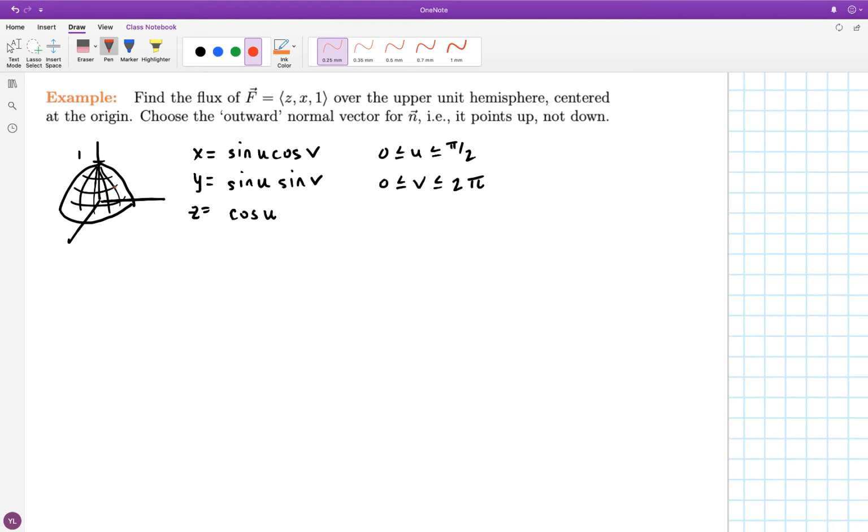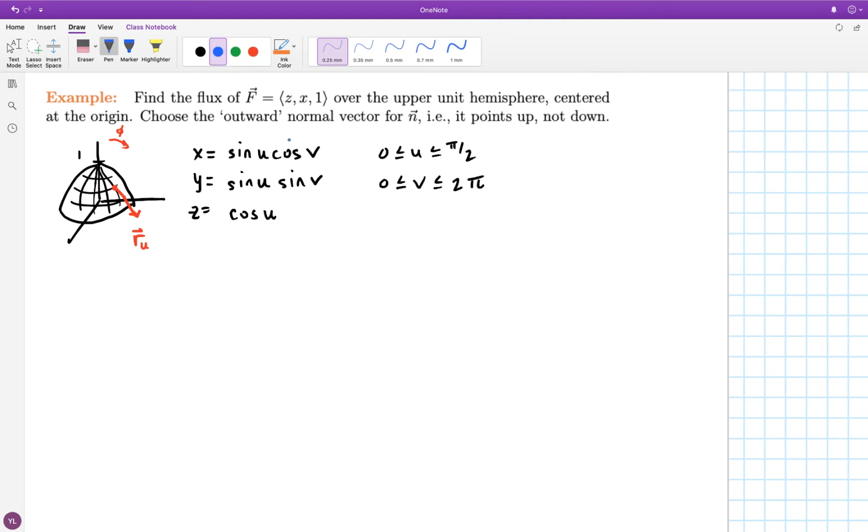If I'm at a point right here, and I increase the u value, which is acting like the phi in spherical coordinates, what direction is that moving? Since I know phi is an angle measured from the positive z-axis, if I move in the direction of phi, r sub u is going to be pointing in that direction.